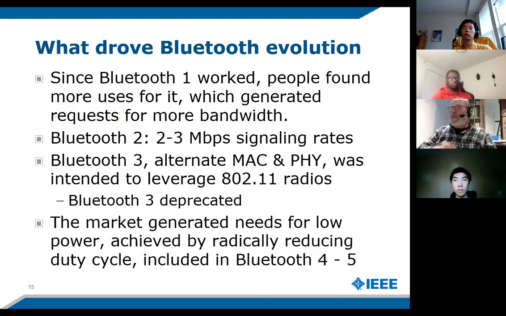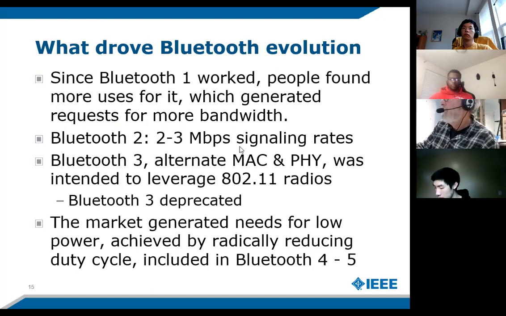In your professional lifetimes, the same things will occur applying to things that I have no idea about yet. So Bluetooth 2, we went to a little bit faster rates. Bluetooth 3, we tried alternate MACs and PHYs. The market didn't care. The market generated needs for low power, and we achieved this by radically reducing the duty cycle, including in Bluetooth 4 and 5.